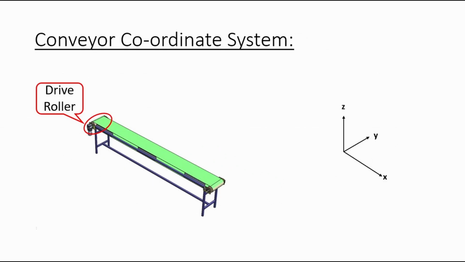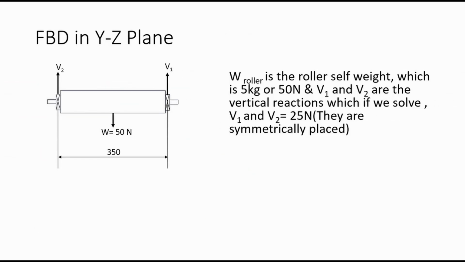a free body diagram of the roller in two planes. Let's say this is the conveyor system in isometric, and this is x direction, this is y direction, and this is z direction, then in the YZ plane the free body diagram will look like this.